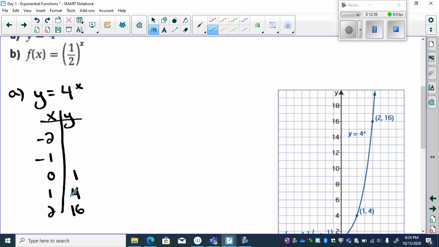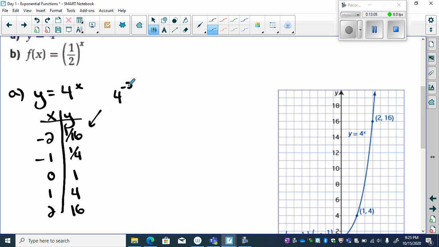Okay, now knowing the shortcut I showed you two pages prior to this, if I know that 4 to the first is 4, what's 4 to the -1? Well, it's the reciprocal of 4. 4 squared is 16, 4 to the -2 is the reciprocal of 16, or 1/16, and here's why. Here's where this value comes from.